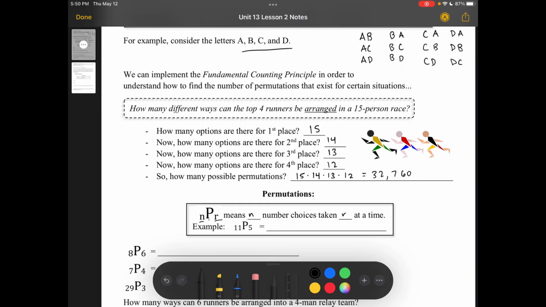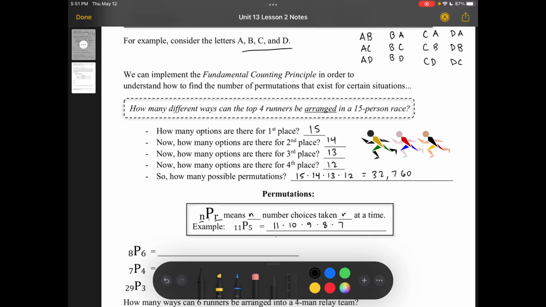So what we do is say 11 times 10 times 9 times 8 times 7.